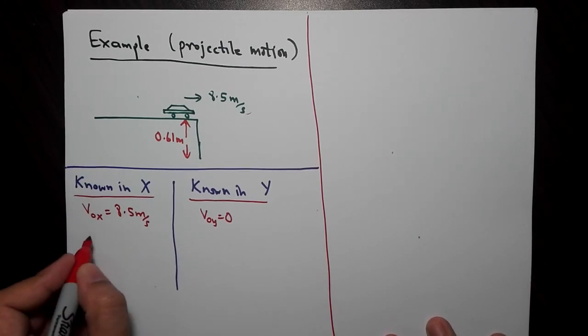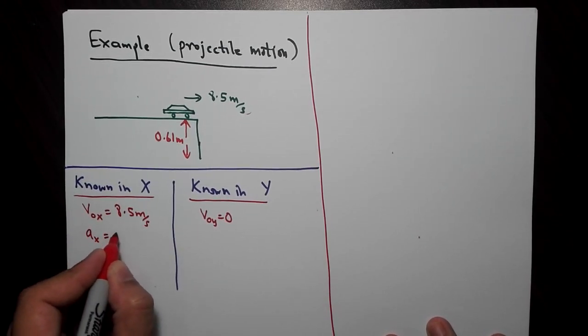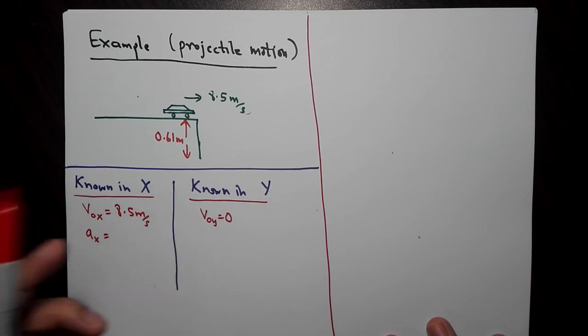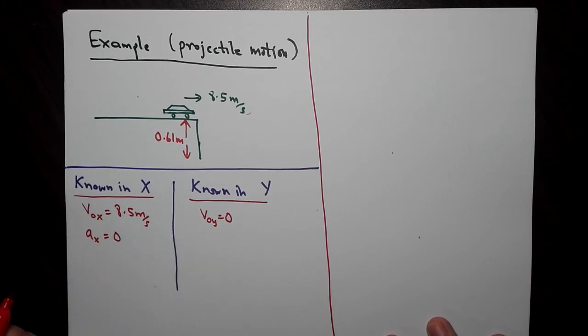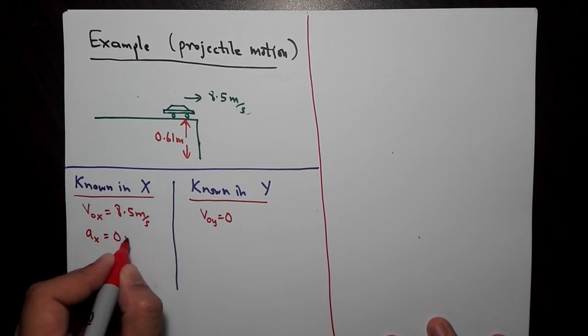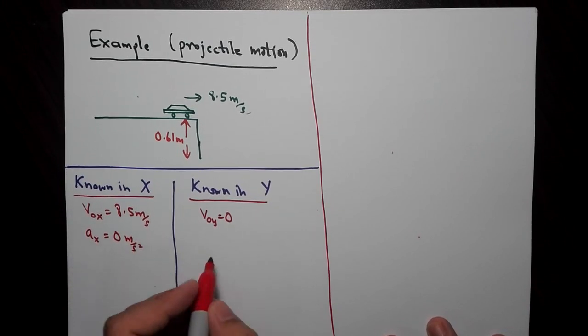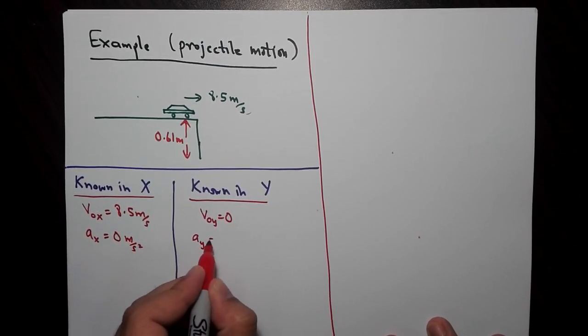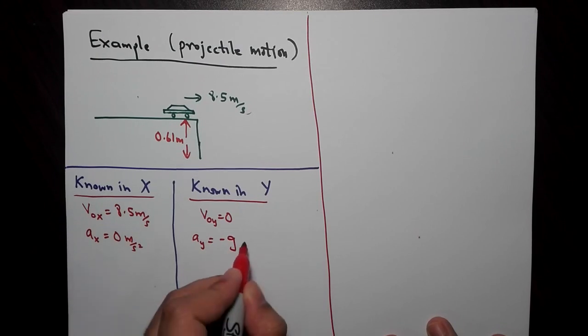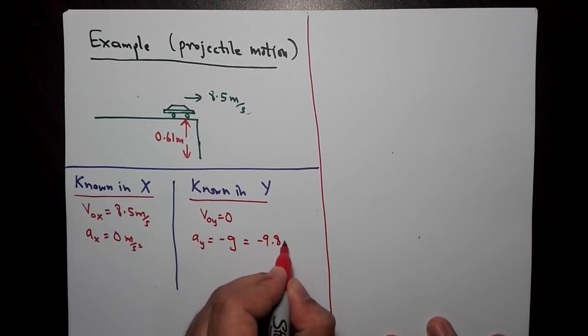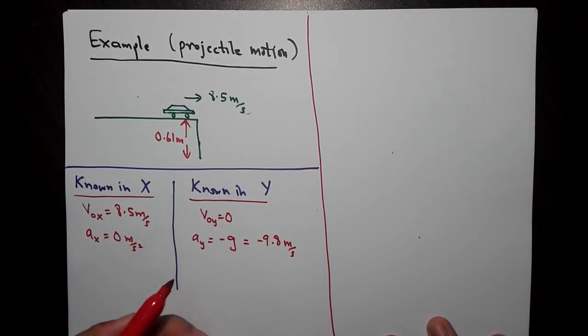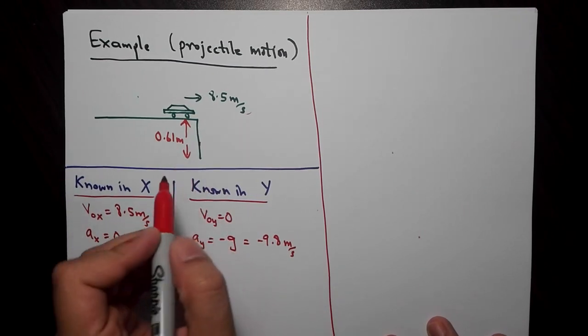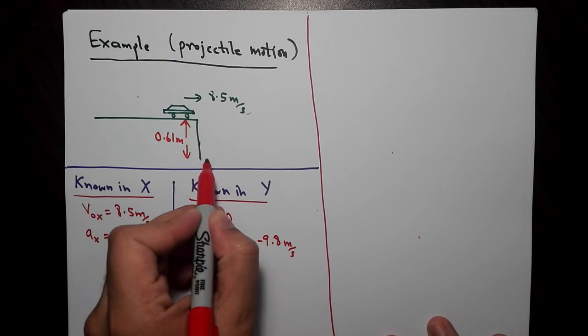What else do we know? We know what is true for projectile motion. When the car leaves the cliff, it's a projectile, it has 0 acceleration in the horizontal direction, and its vertical acceleration is negative g, which is negative 9.8 meters per second squared. And we know delta y. So now you can take this as your y equals 0.